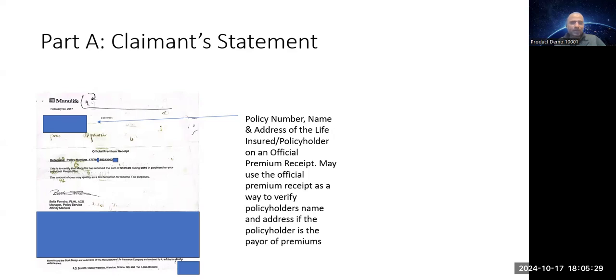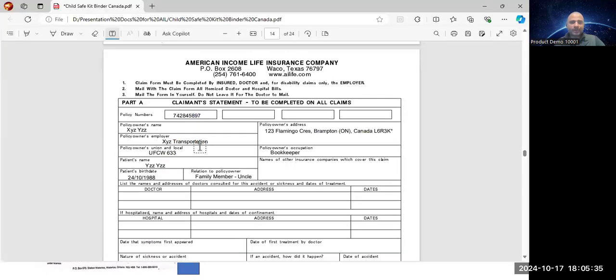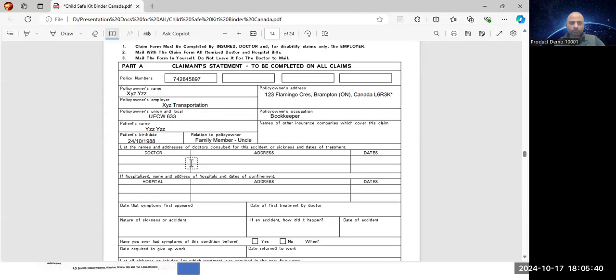Now you also have the address of the patient. Fortunately, we won't fill this out in part A. We only have the birthday and the name to take care of for the time being.